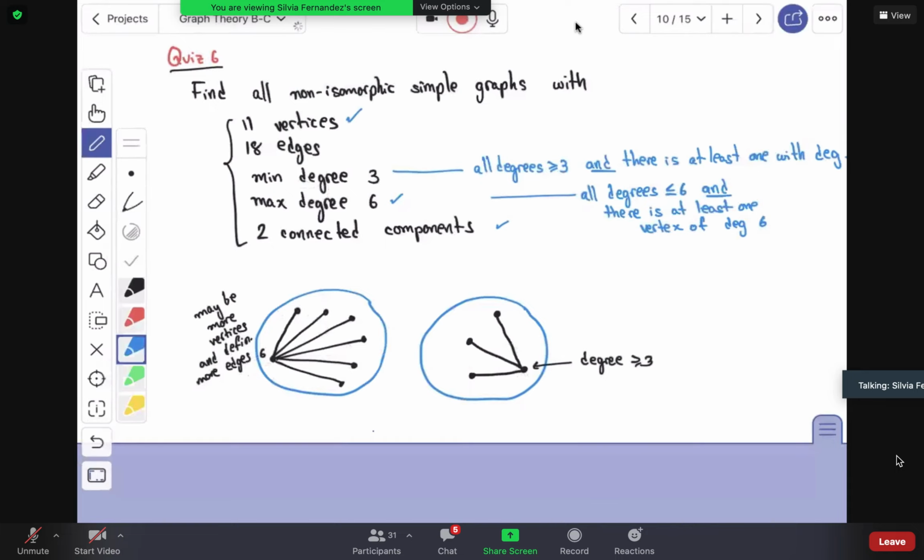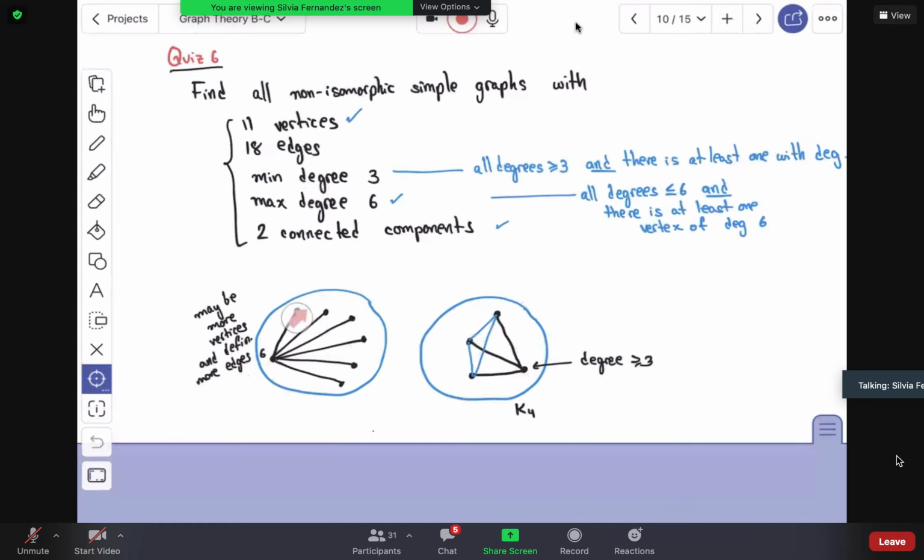The only other possible edges are those, and I need to have them because I need degree 3 or more for every single vertex. So this is done. This needs K4. There's no other way. So that component is taken care of.